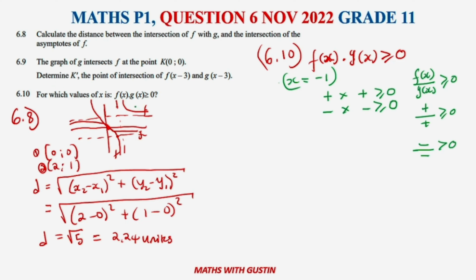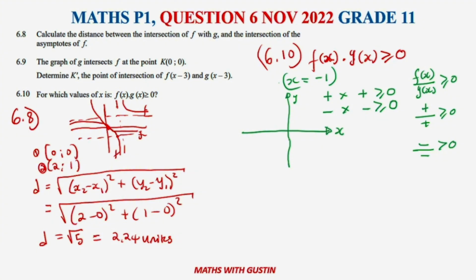Let's have a look at our graph now and ask: when will these two graphs, when you multiply them together, be positive? The other critical thing, how can I forget this, is the x-axis. Let me put it here. This is your y-axis, this is your x-axis.